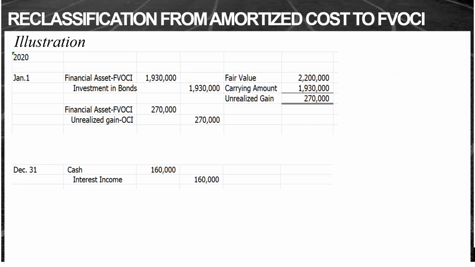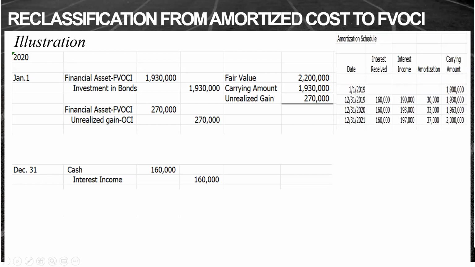Take note, our principal is 2 million and our nominal interest rate is 8%. Now, for our amortization schedule, take note that based on the provision, the effective interest that will be used will not change, even though we changed to financial assets at fair value through OCI.